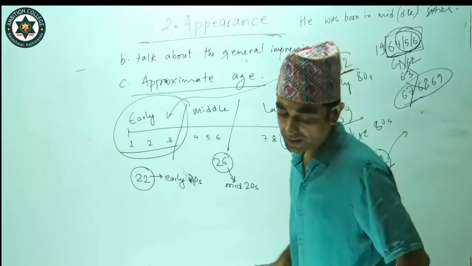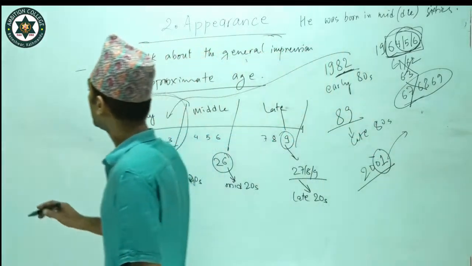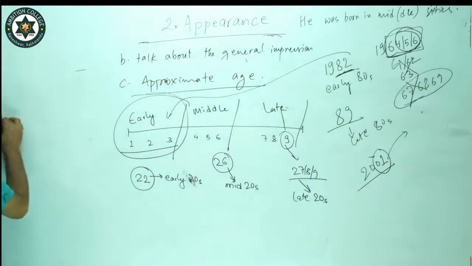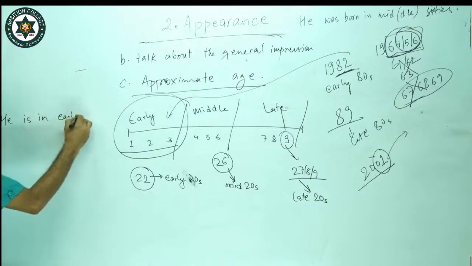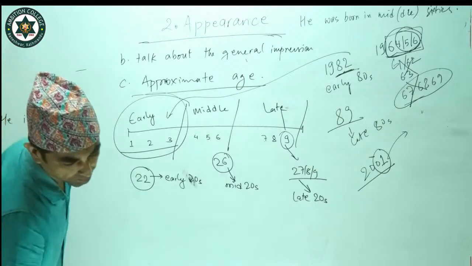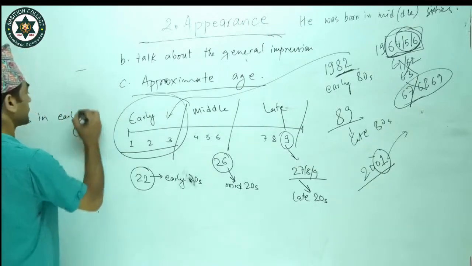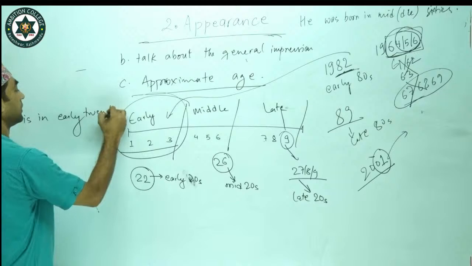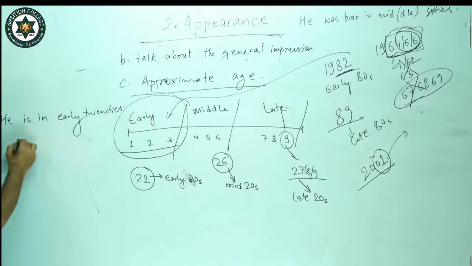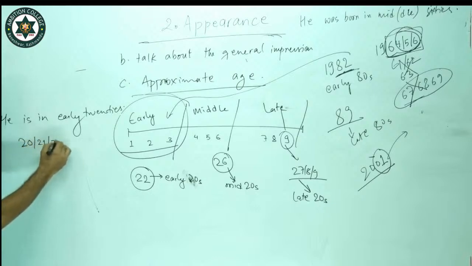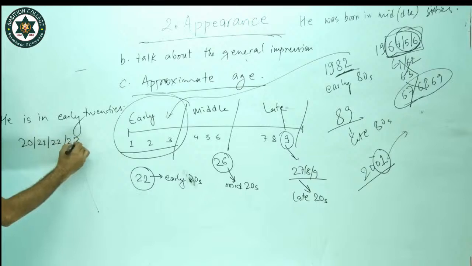Now, another sentence in your book says, he is in his early 20s. This means this man must be 20, 21, 22 or 23.